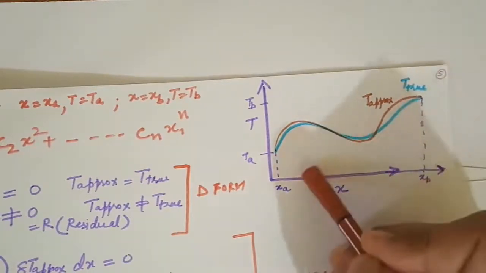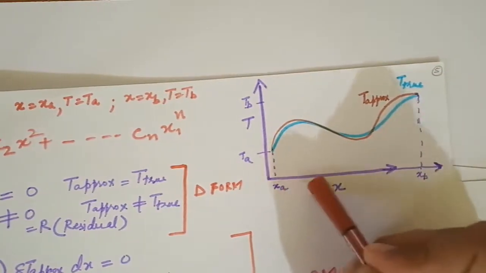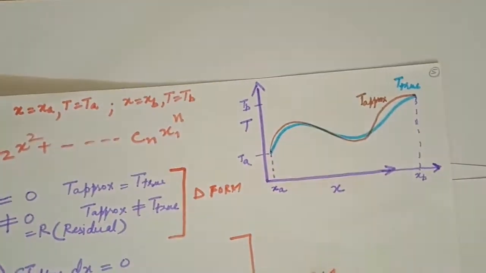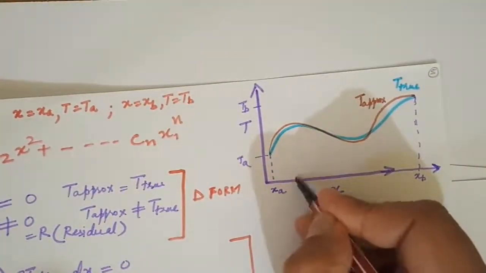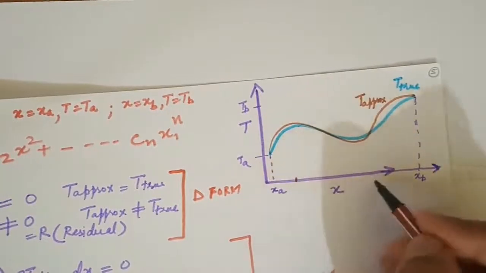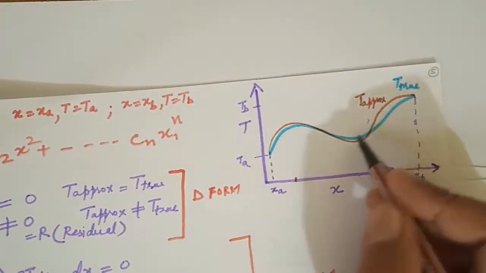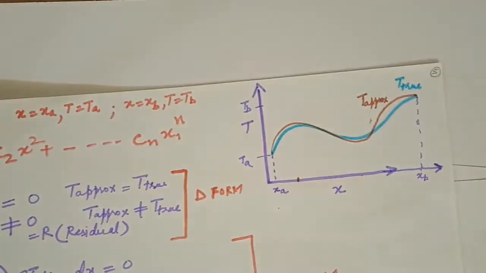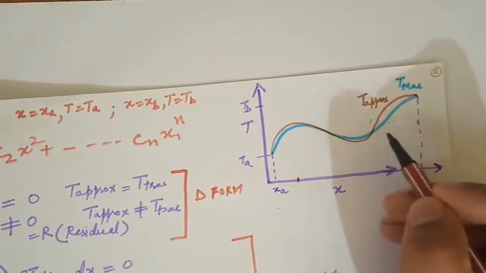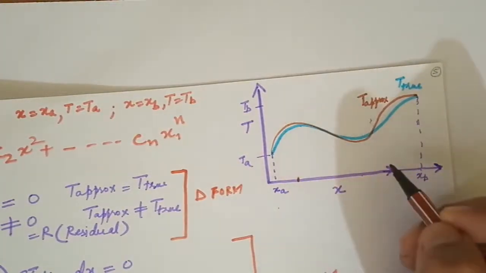Because, for instance, you want to find out temperature at say some x here, at this x. So you are only interested in finding the temperature values at discrete values of x.